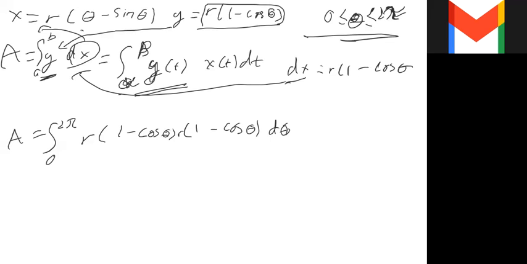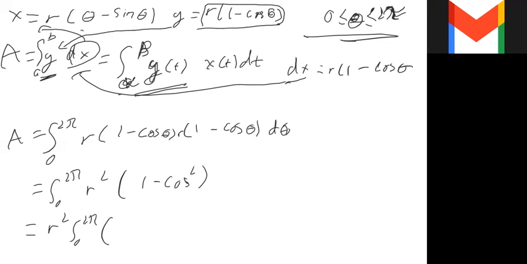Anyway, so this would be r squared times (1 minus cos theta) squared. Okay, maybe I can take the r squared outside. We're going to have (1 minus cos theta) squared d theta. Okay, so it'll be 1 squared minus 2 cos theta plus cos squared theta.